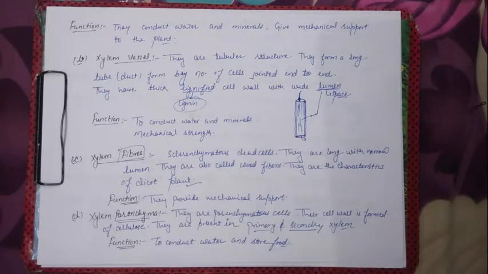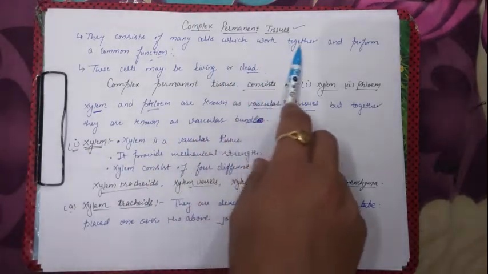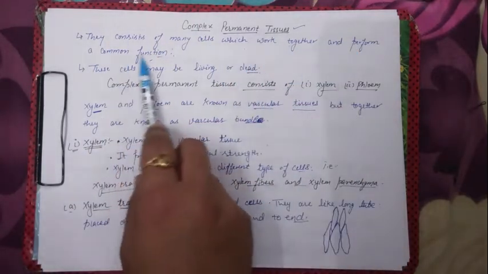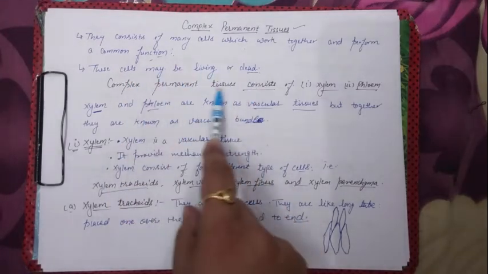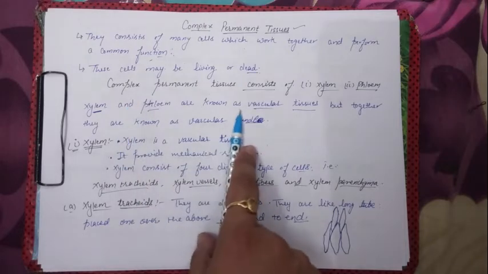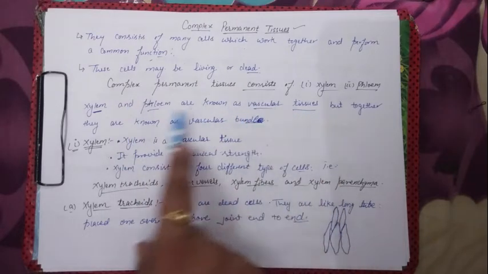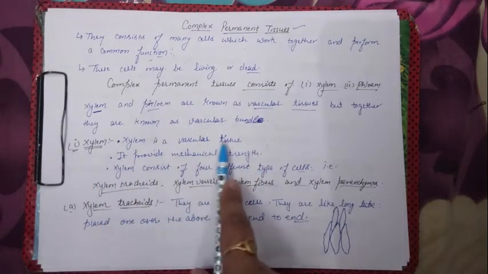Now we recall the xylem. It is a complex permanent tissue. They consist of many cells which work together and perform a common function. These cells may be living or dead. Complex permanent tissue consists of xylem and phloem. Xylem and phloem are vascular tissues, but together they are known as vascular bundle. Xylem is a vascular tissue. It provides mechanical strength.